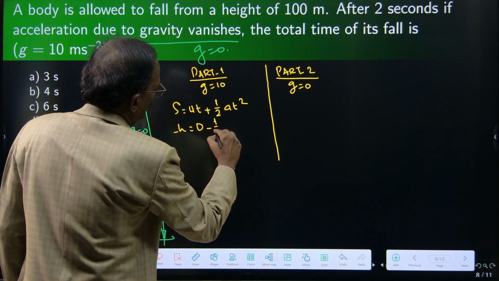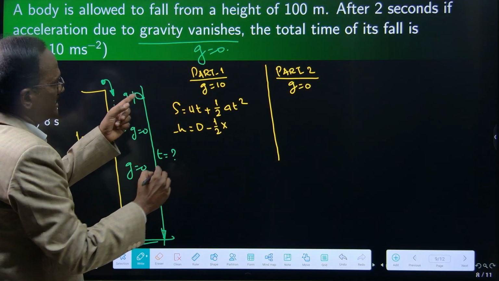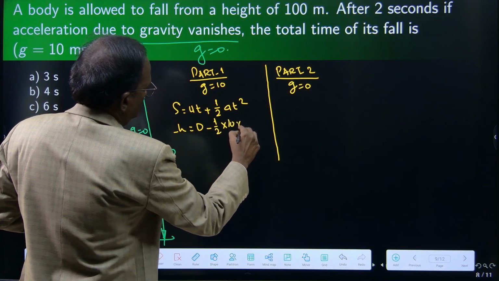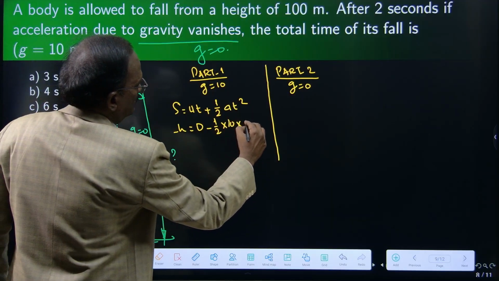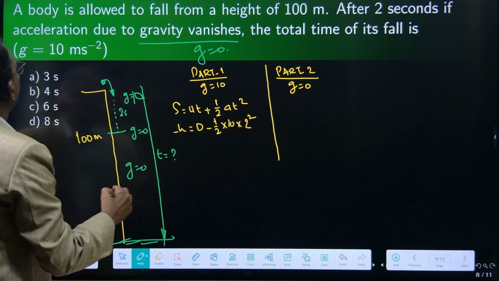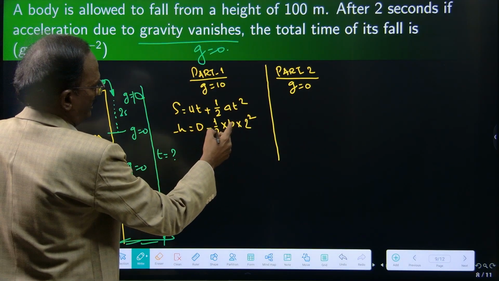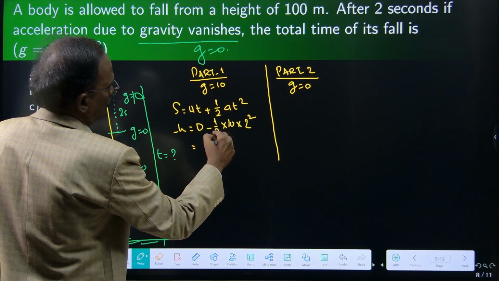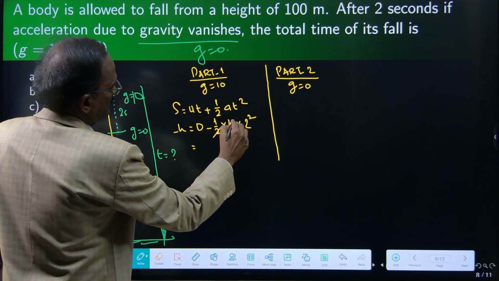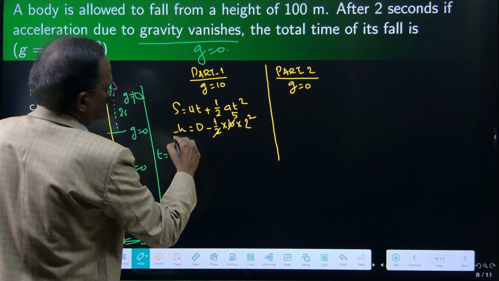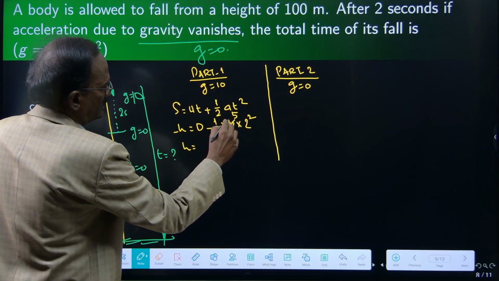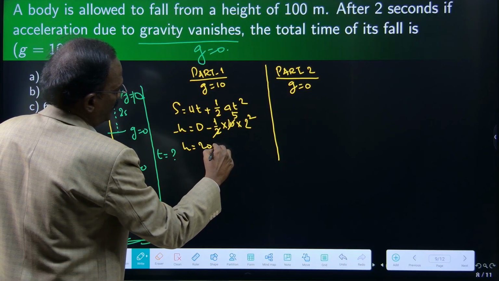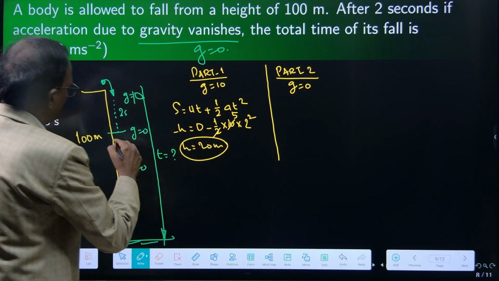This is minus half into g value, which is 10. So 10 into time value, which is 2. So this is 2 square. 2 and this is 5, so h, minus into minus cancelled, 5 into 4, this is 20 meter. So this height is 20 meter.